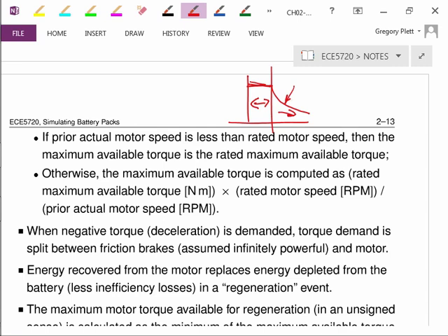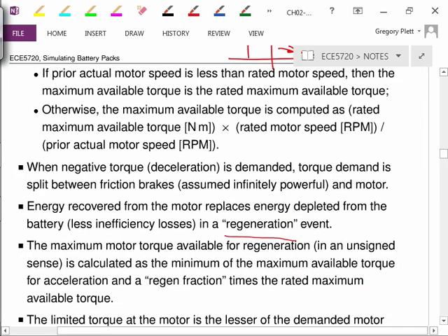So energy recovered from the motor is going to replace energy depleted from the battery, but there's going to be some inefficiency, so there's going to be some losses, but it's still going to be better. And this is called a regeneration or regen event. So when we talk about regen, we're talking about putting energy back in the battery pack when we're coasting or braking, basically whenever negative torque is demanded at the motor.